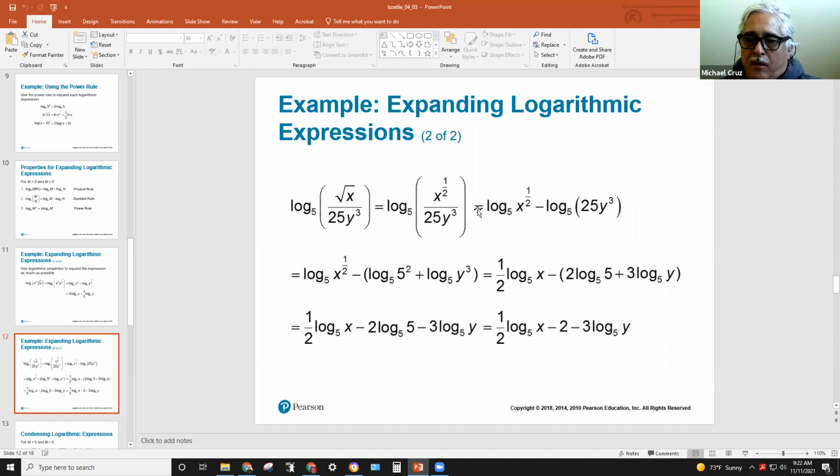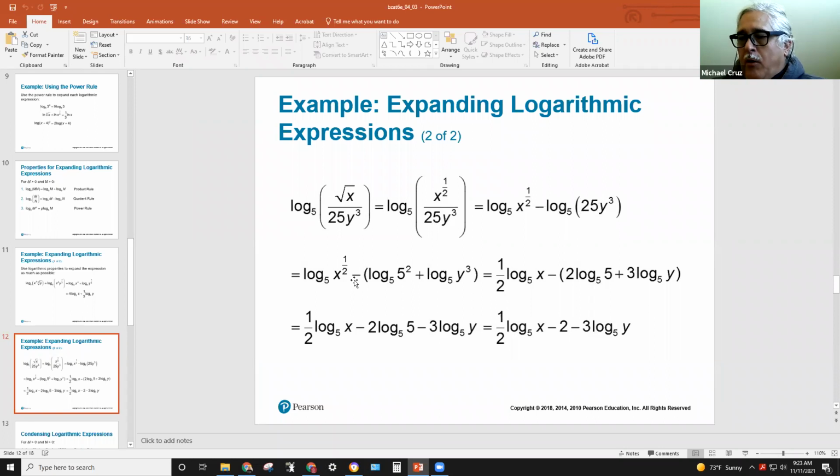So log base 5, then we're going to use the quotient rule because this is a fraction. The numerator gets to be log base 5 of x to the 1/2 minus log base 5 of the 25y cubed. Now notice on this one that that's 25 times y cubed, so we're subtracting this whole thing.